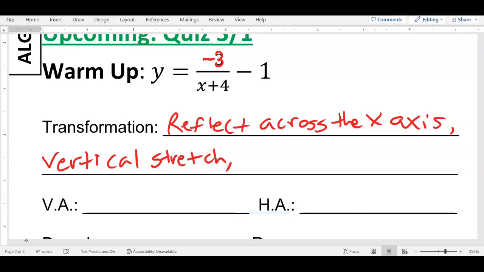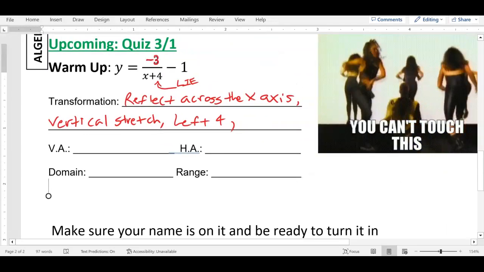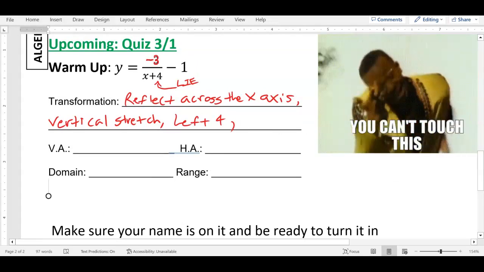So remember, next to x is horizontal. Okay, so left 4, because remember, this is a lie. And what does that -1 do off to the side? Okay, what does this -1 do? Okay, down 1.